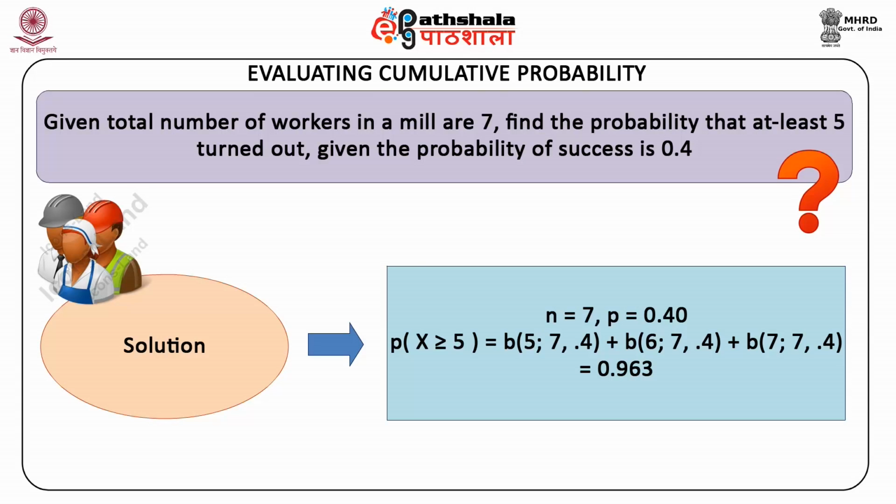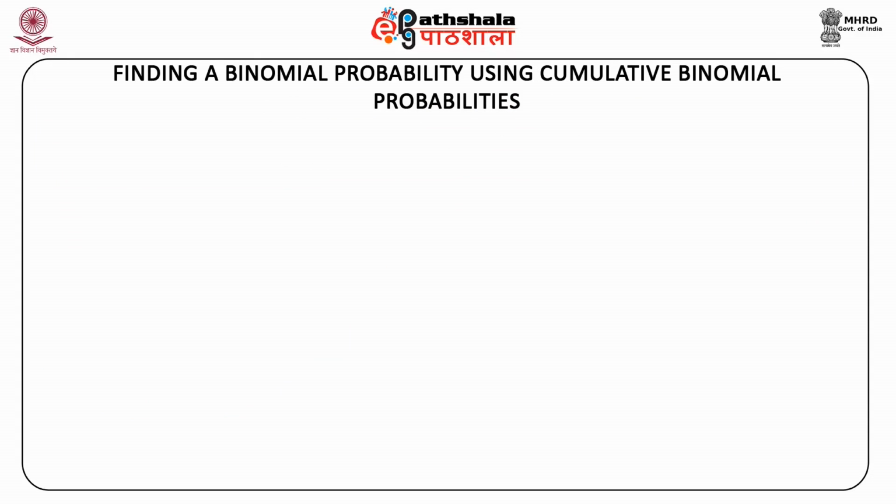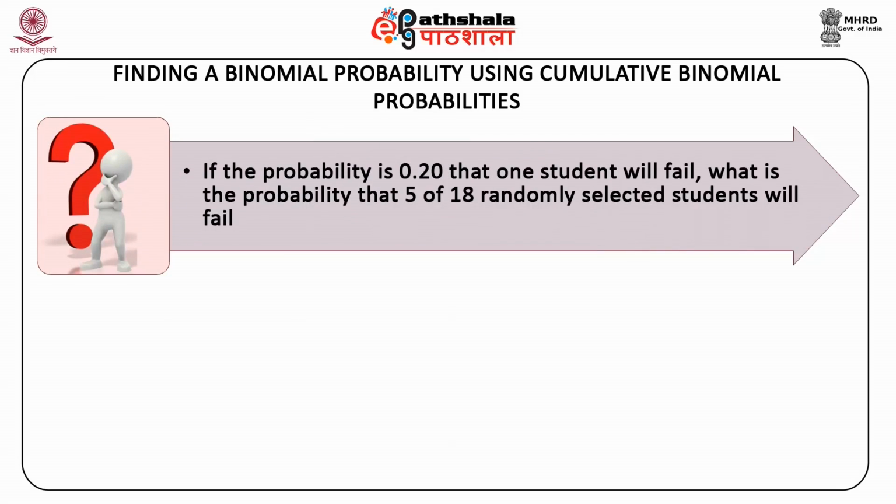This is equal to 0.0963. Looking at another example, if the probability is 0.2, then one student will fail.